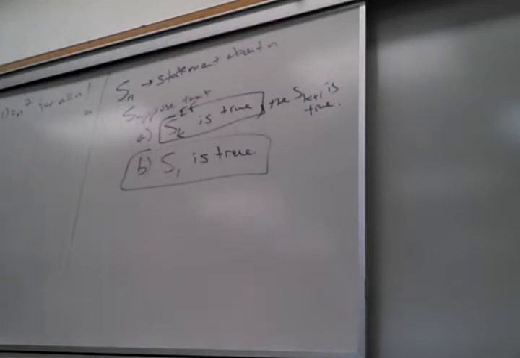So let's do the base case, and actually let's do a few more than the base case. I only have to do the first one, but we'll do a few more just to really reinforce that it looks like it's true. So the base case, S1, would mean n is 1. What do I have to show then? If n is 1, how far do I go? 2 times 1 minus 1 is 1.